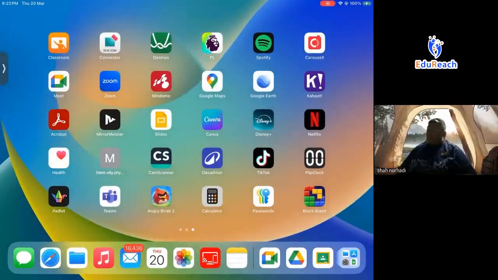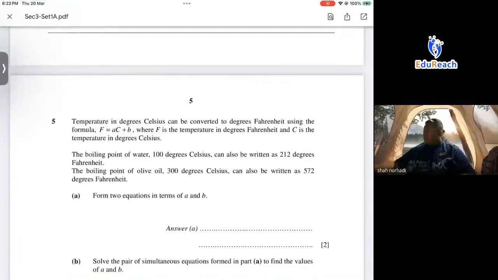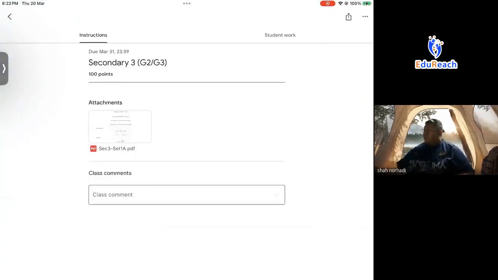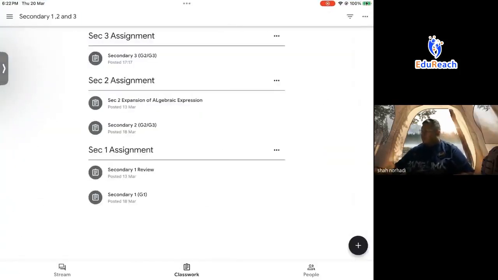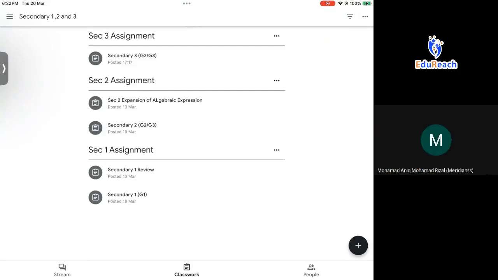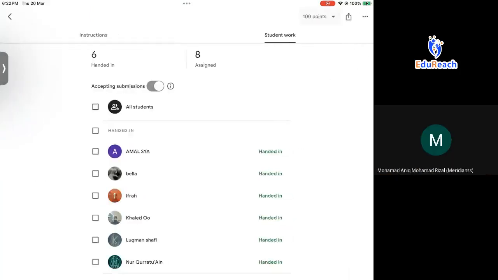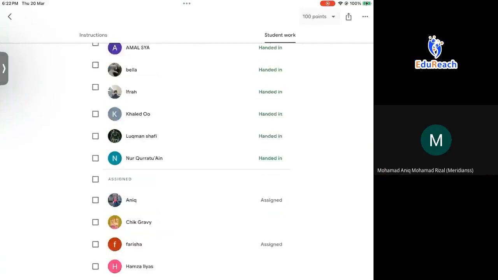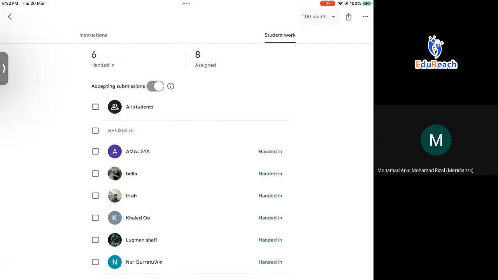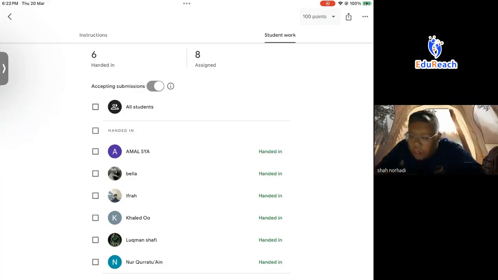Manisha, once you hand in already, you tell me, I'll check. Don't forget you can also add to the document because you add page by page, right? Don't forget to add the other two.